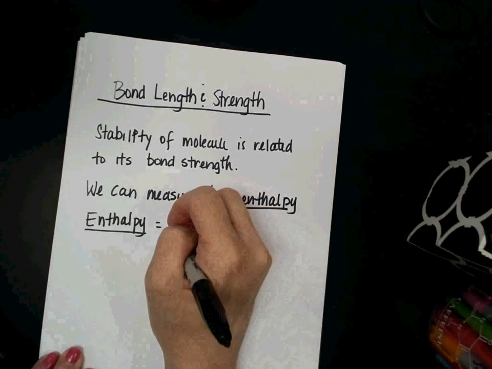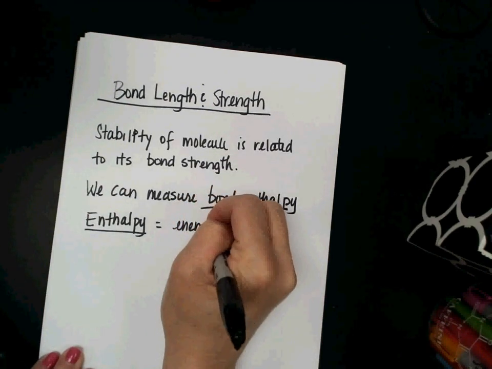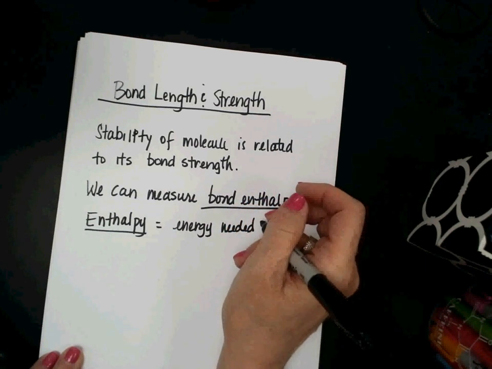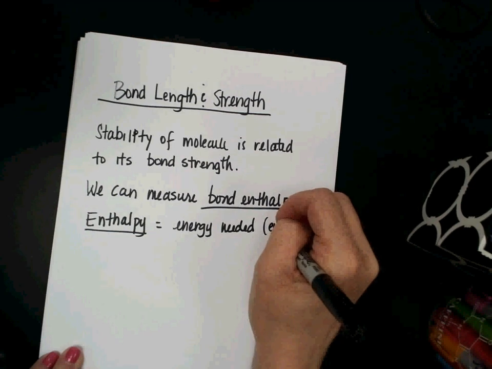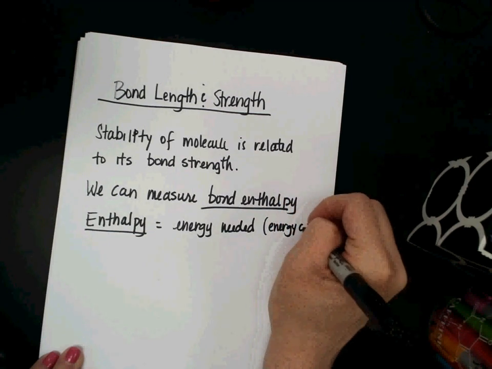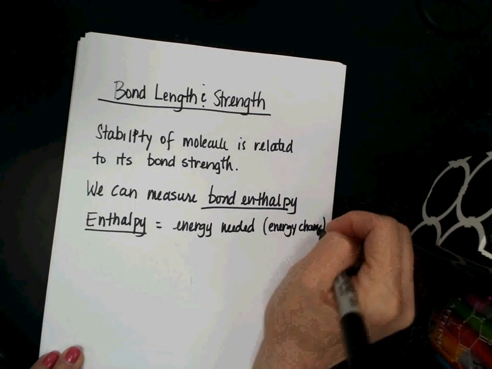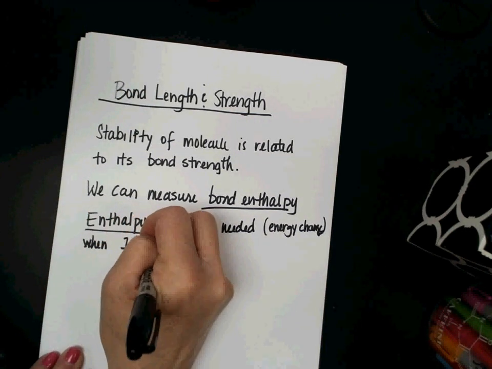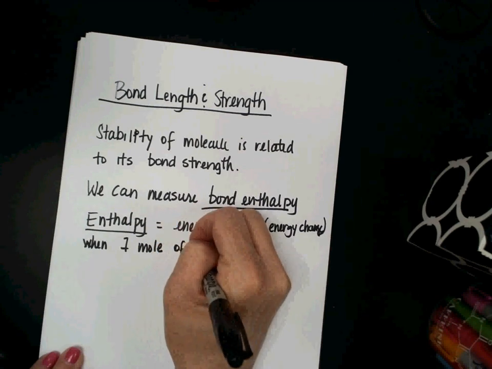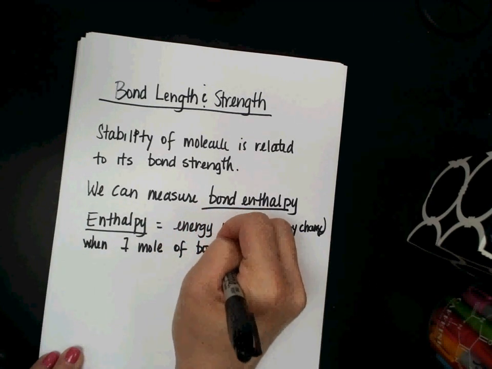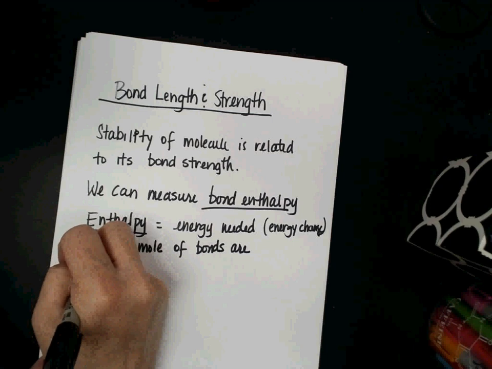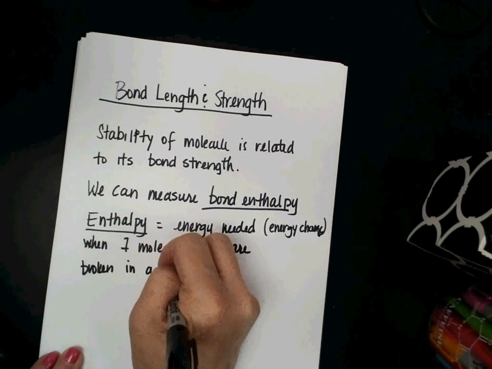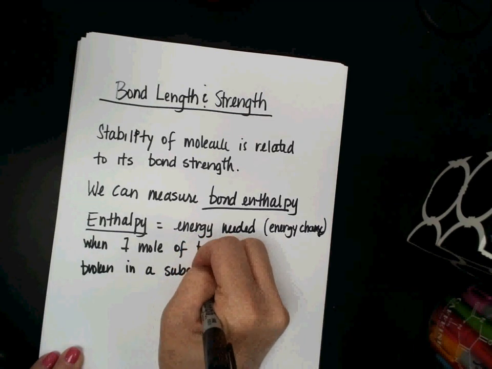This is, think of this as the energy needed, or the energy change is probably a better way to say it, when 1 mole of bonds are broken in a substance.